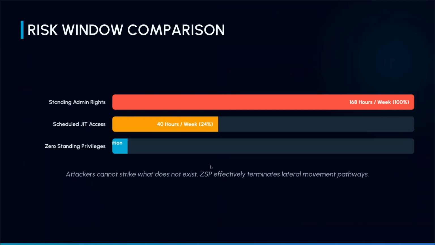They cannot find a credential to hack. Then how can they elevate their privileges? So that's why we put in zero standing privileges. This will dramatically increase your security, not just on your on-prem servers, but also on your cloud.